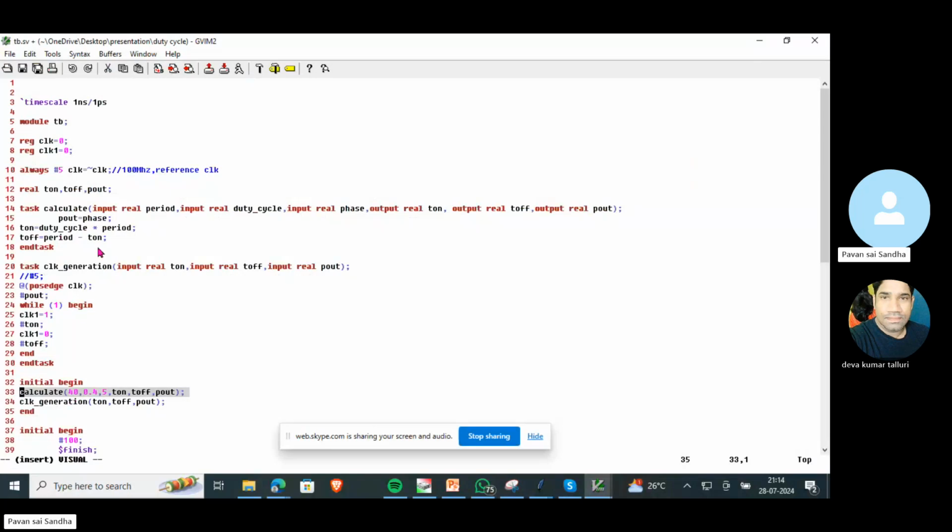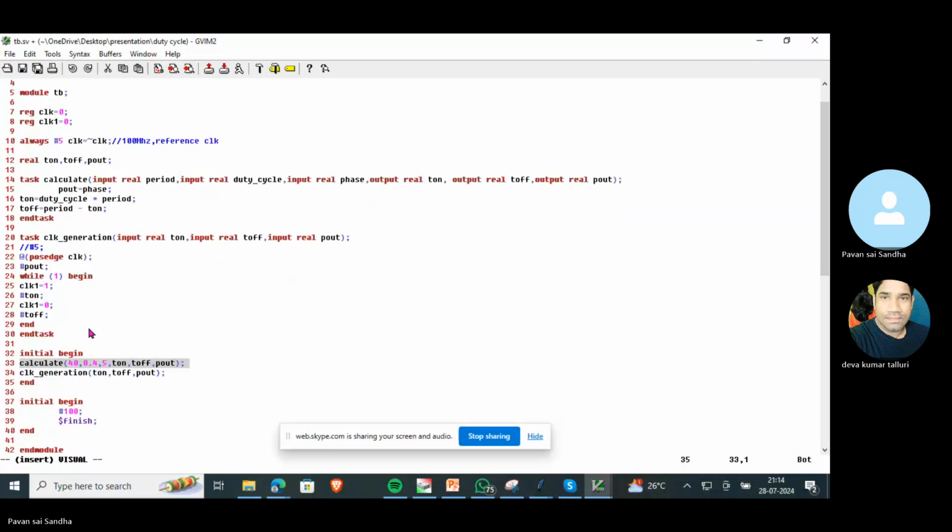So this 40 will get minus T on in the task, and we get the values. One other reason why I am making it real is that it can store point values also. After the generation, the values will be given: T on, T off, and phase out is the phase difference.